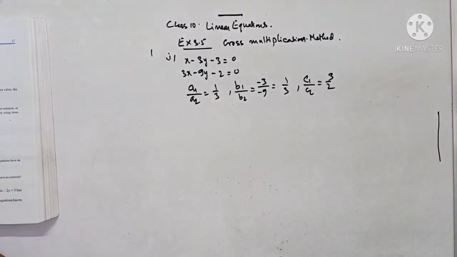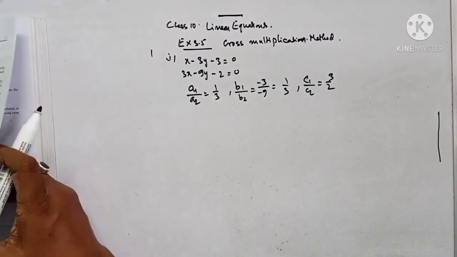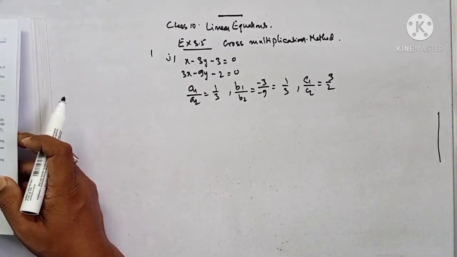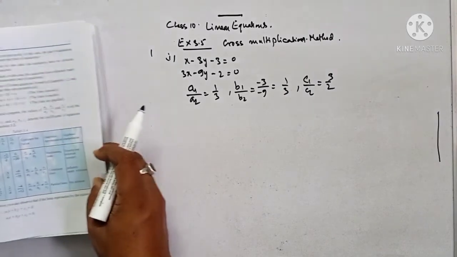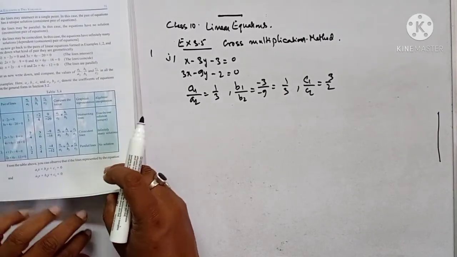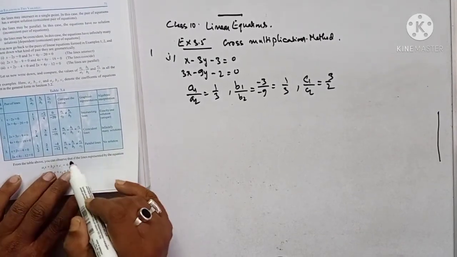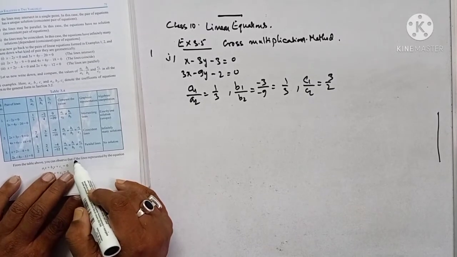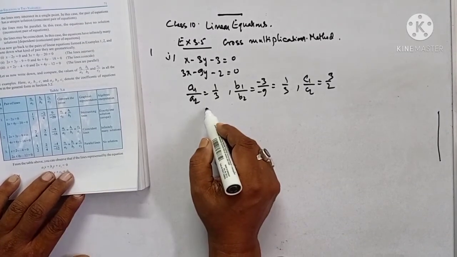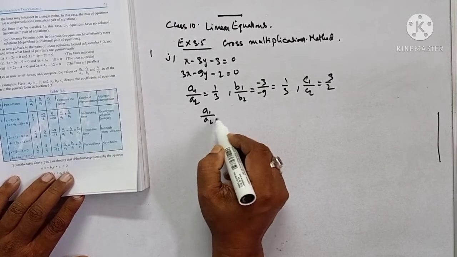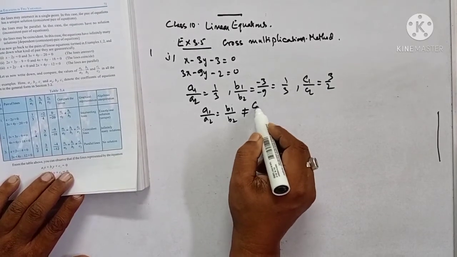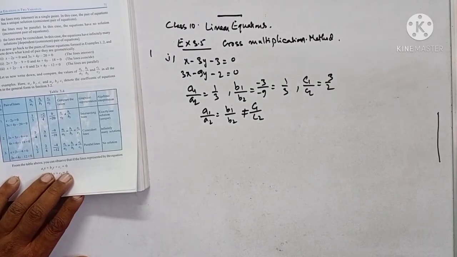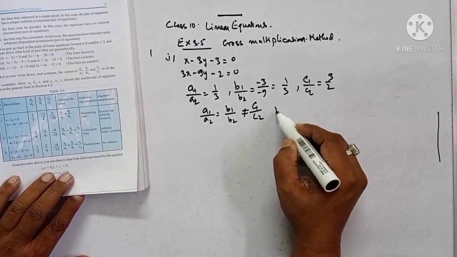So here we find that if a1 by a2 equal to b1 by b2 not equal to c1 by c2, then there is no solution.